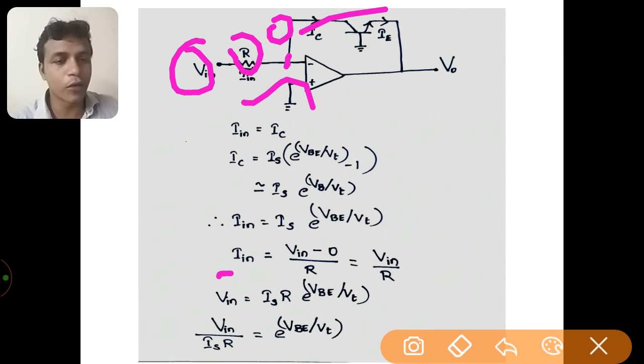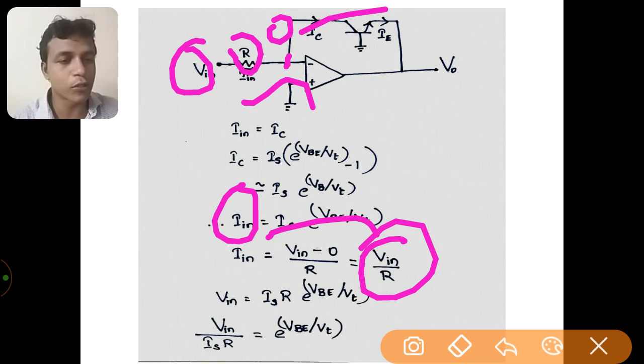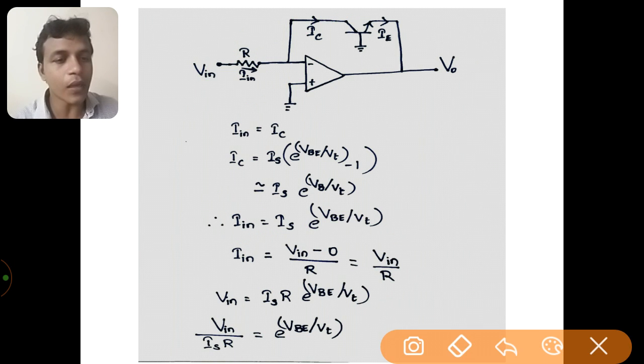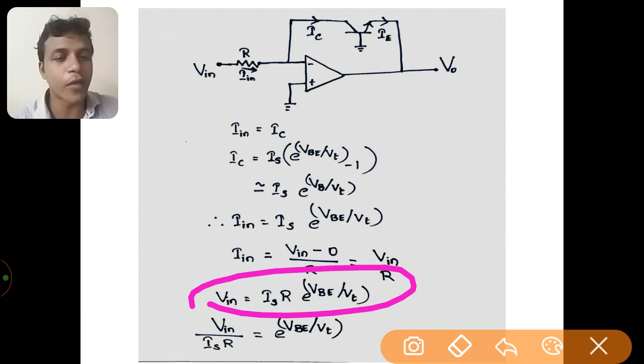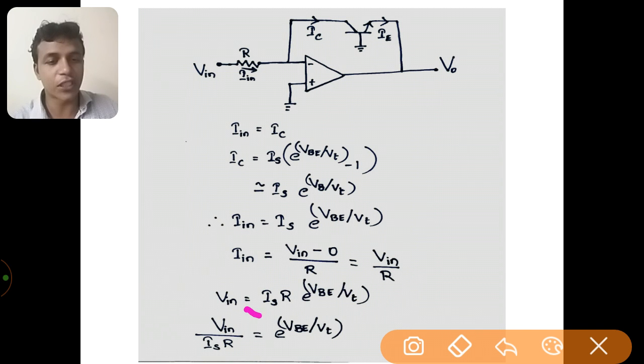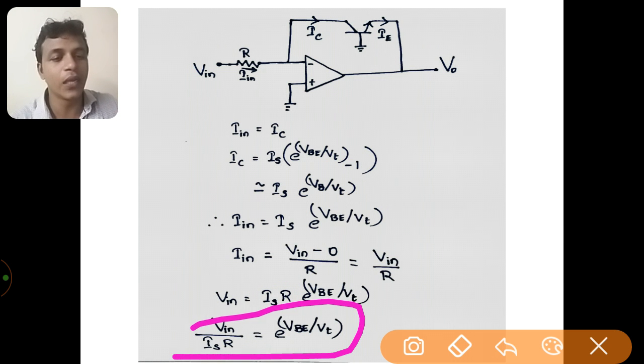So I in can be replaced by V in divided by R. Taking the resistor to the other side, we can write V in equal to IS into R into exponent of VBE divided by VT. Taking the product of saturation current and resistor to the left hand side, V in divided by IS into R equals exponent of VBE divided by VT.